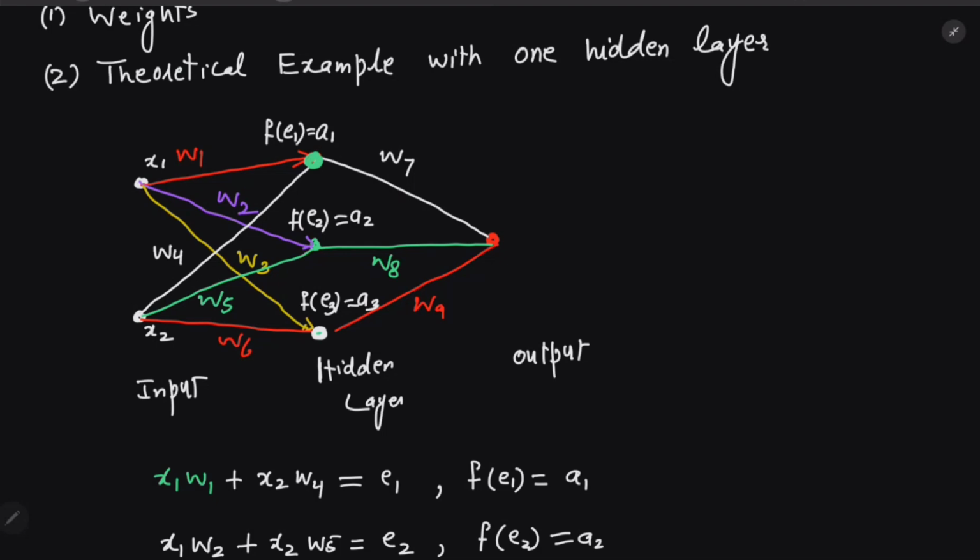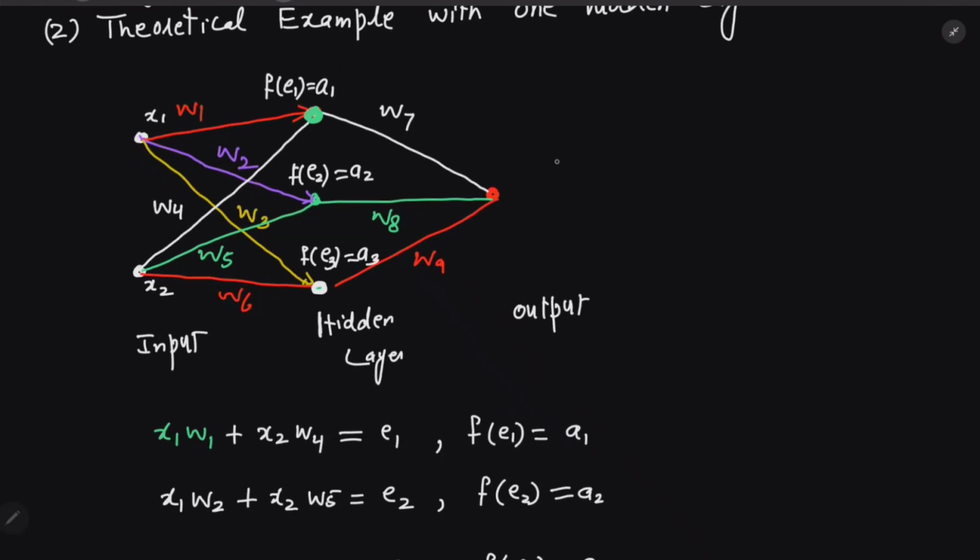Suppose now these become inputs. Suppose we have the next value over here. First we take a linear combination: A1 W7 plus A2 W8 plus A3 W9.